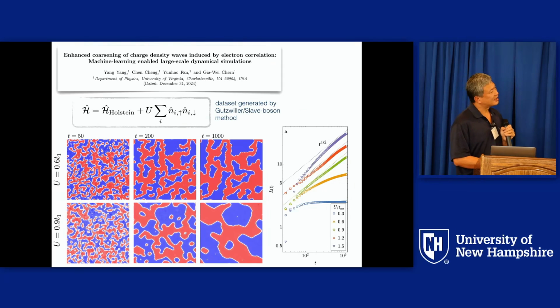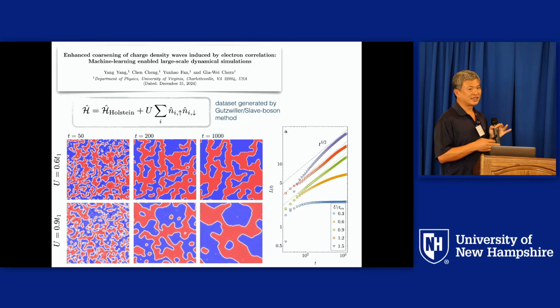And with the same machine learning model, we also apply it to this Holstein-Hubbard model. So essentially, we add this Hubbard interaction to the Holstein electron-lattice coupling. And because of the Hubbard interaction, you cannot just use exact diagonalization to solve the model and to generate training data sets.